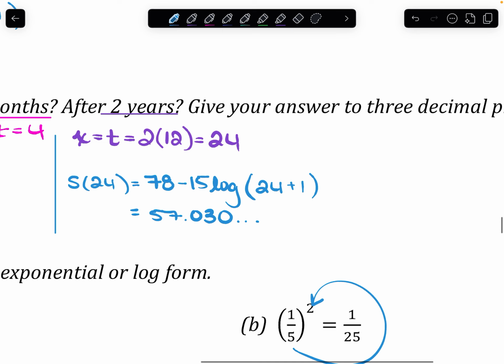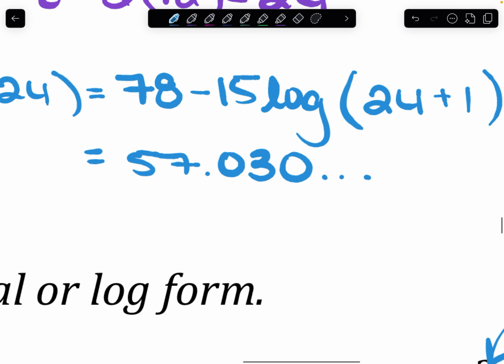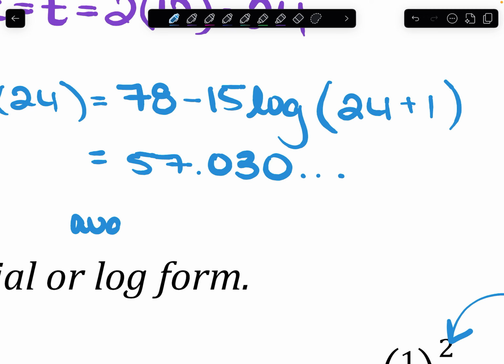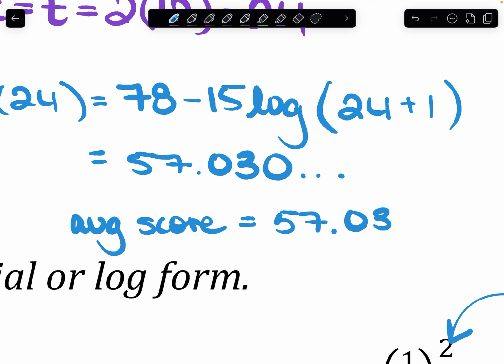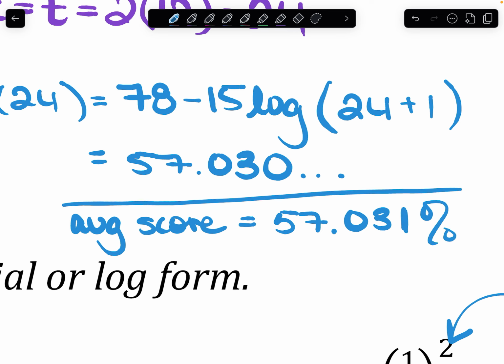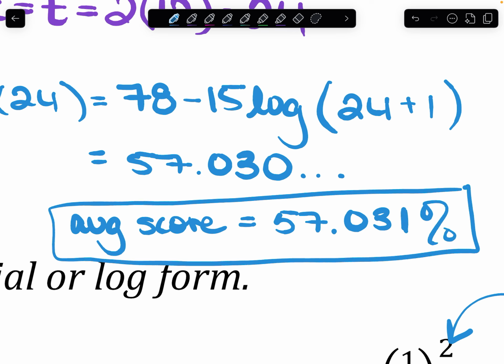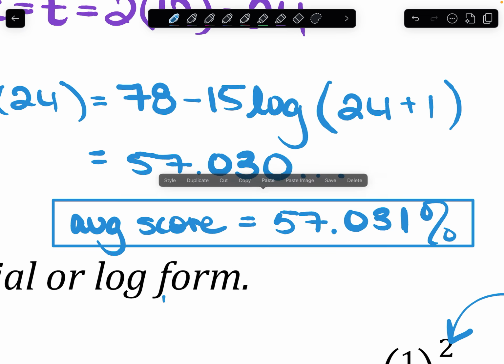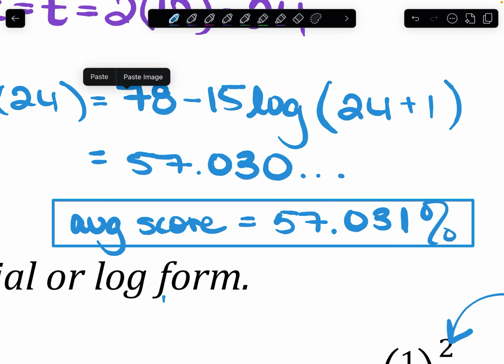Sometimes it will say nearest whole number. Sometimes it will say 3 decimal places. It says 3 decimal places. So the average score after this time is going to be 57 point 0, 3, and then 0, 8. So that 8 is going to bump the 0 up to a 1. And then percent. Don't forget your units.